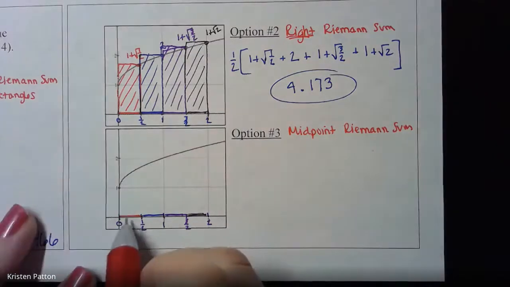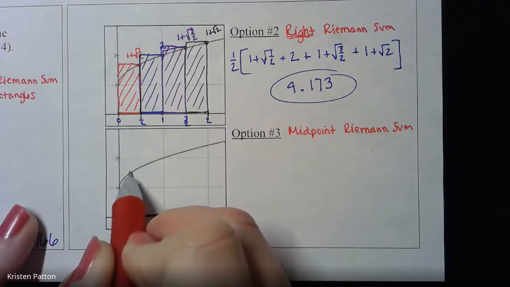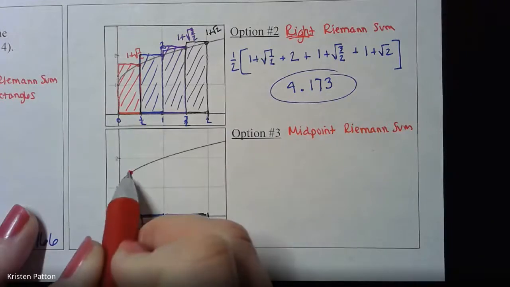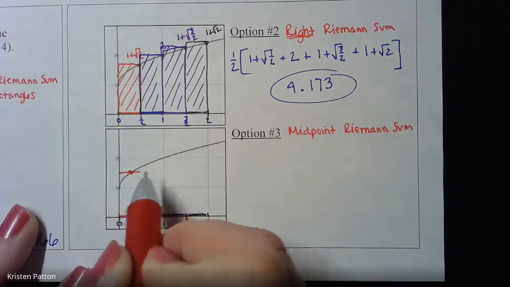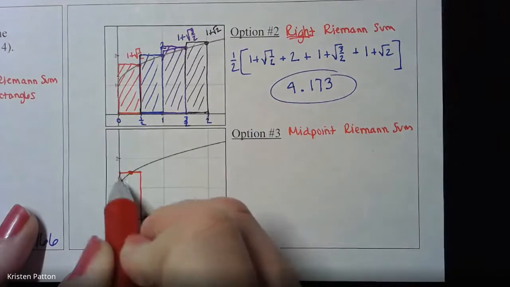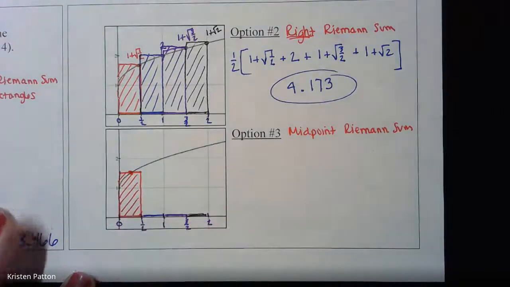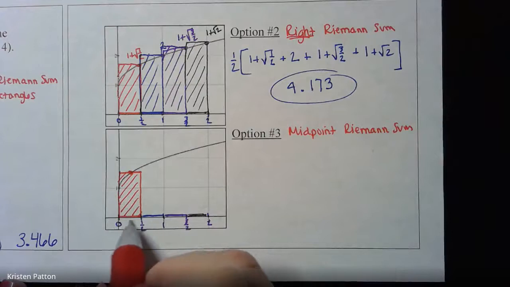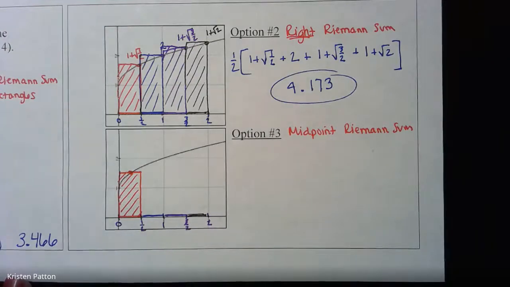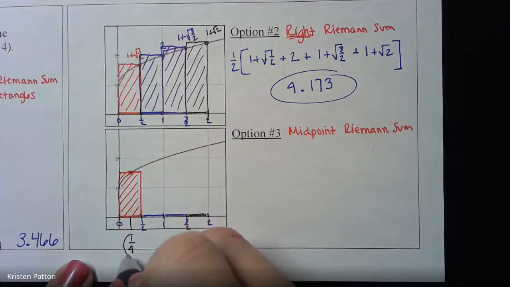So I'm going to go to the middle of my first rectangle. I'm not going to draw it in, but I'm going to go up until I hit the curve. That's going to be the height. So I go a little bit to the left and a little bit to the right so that it lines up with my base. So the midpoint says we're going to go to the middle of the interval, which the middle of 0 and 1/2 is 1/4.